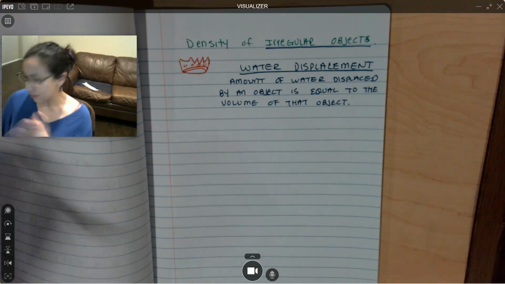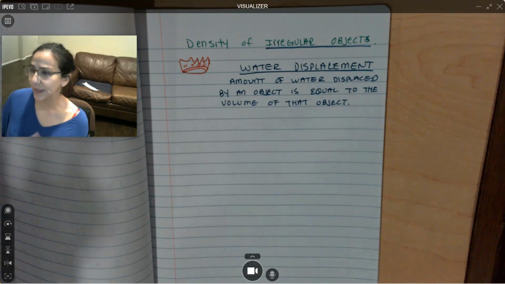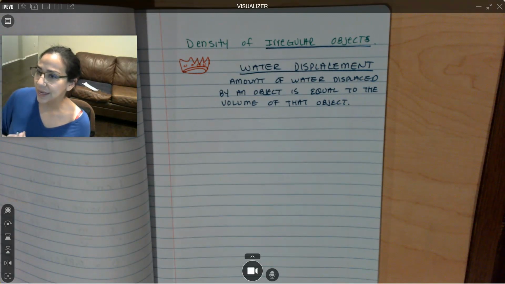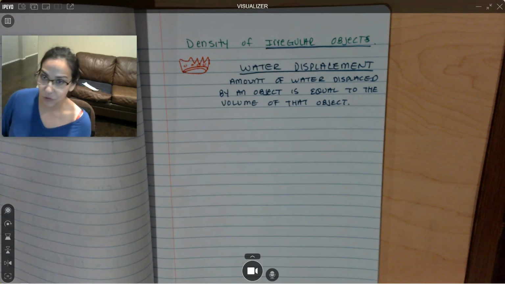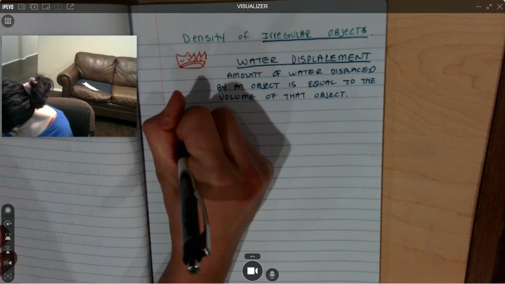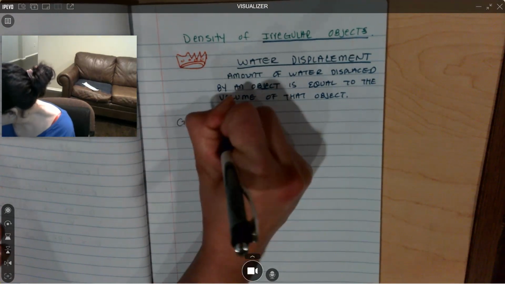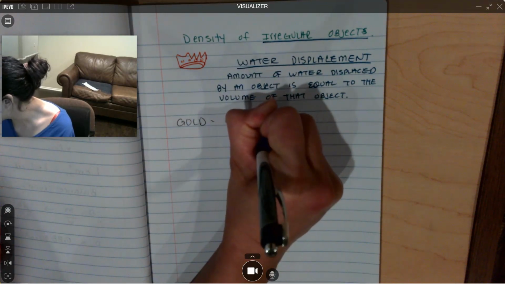So going back to our crown, let's say the king gave this guy 1.5 kilos of gold. Mass of gold is equal to 1.5 kilograms.